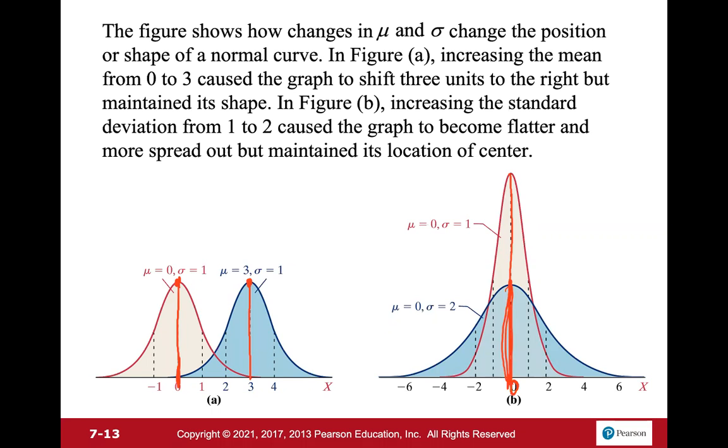Now it's taking twice as long to get to your inflection points. Here are the new inflection points, and these are where the old inflection points were right here. Increasing the standard deviation pushed the graph down from the top. Imagine putting your flat hand over that graph and pushing it down until the standard deviation became 2 in this case.